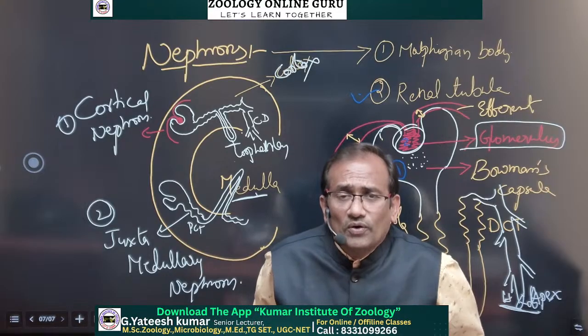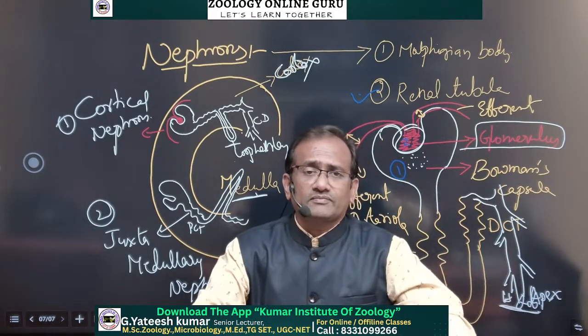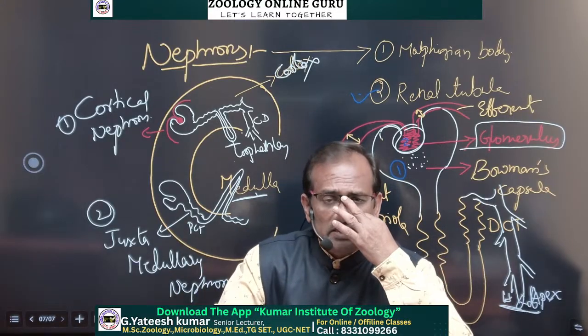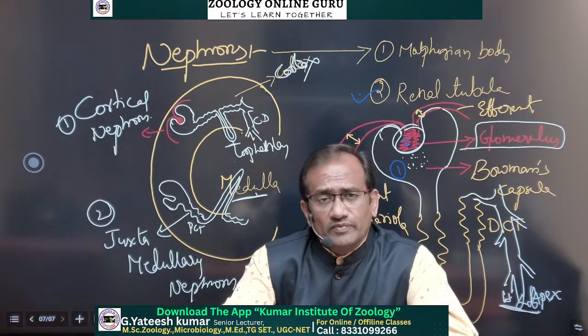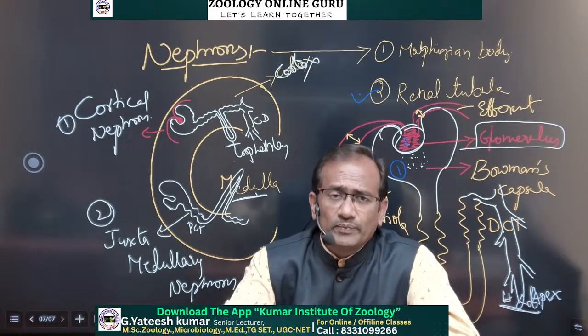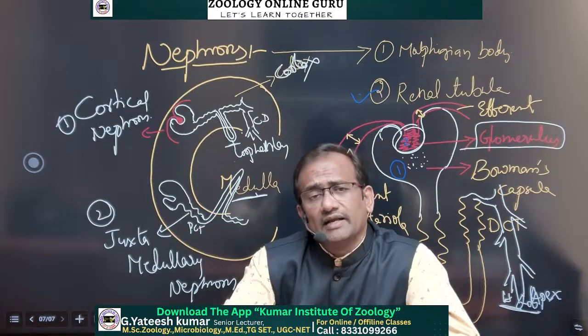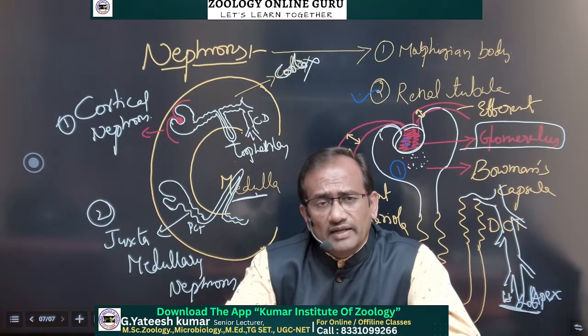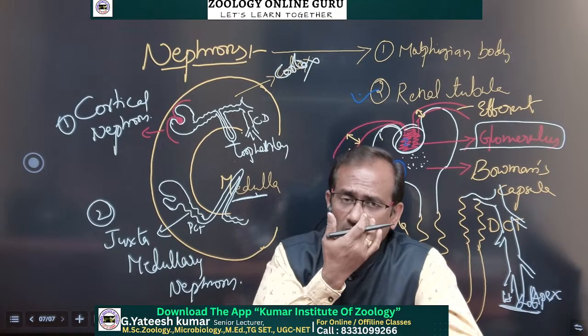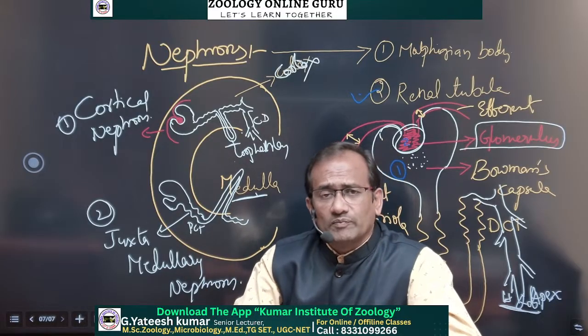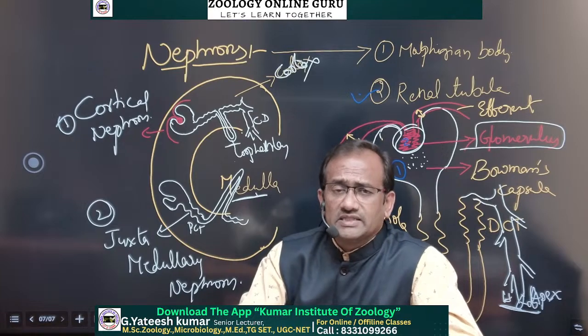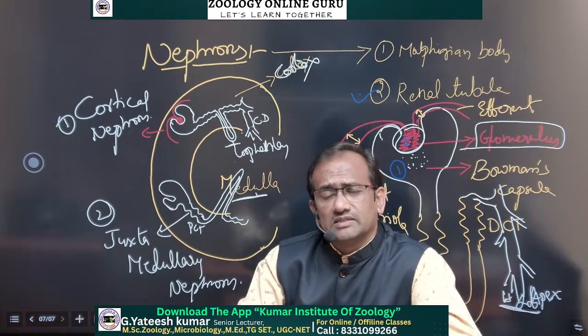So what we discussed in this class is the human excretory system. In the human excretory system, there is one pair of kidneys, one pair of ureters, a single urinary bladder and a single urethra. The structure of the kidney, the color, shape, weight and size, we discussed in this class.